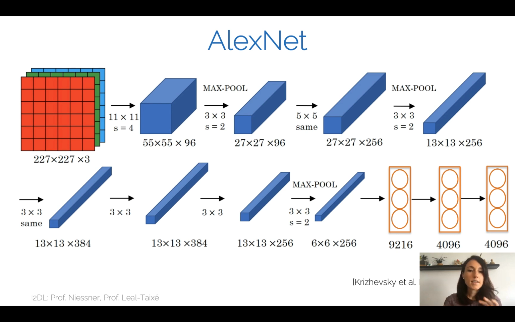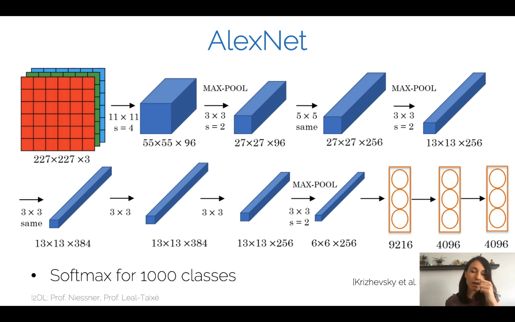And you can see here, look at the depth of all these filters. Again, these are the number of convolutions that you have in that particular convolution layer. So in the first convolution layer, I have a depth of 96, which means I have 96 11 by 11 filters, and they are applied with a stride of 4.